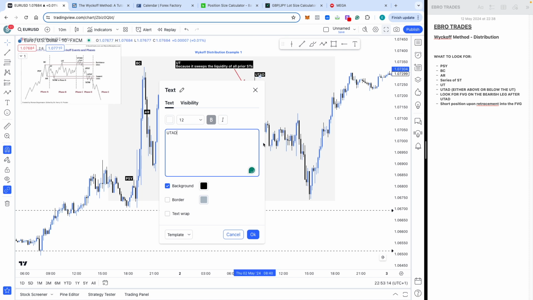And this is just a trap, a trap to trick people into thinking higher highs are being formed, and thus we are going to rally.